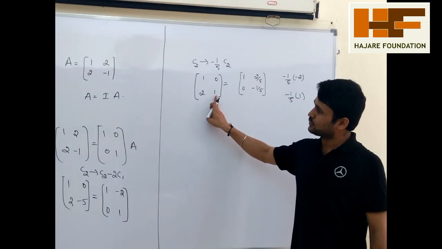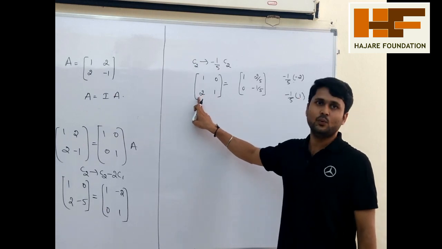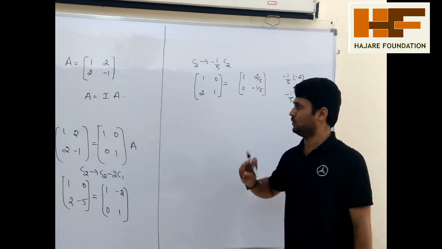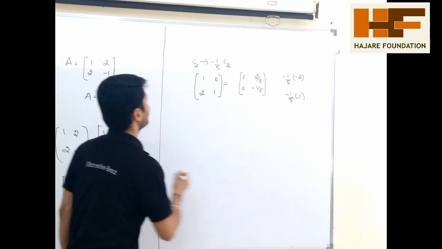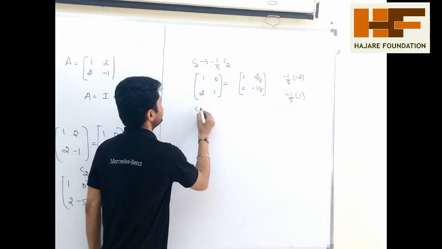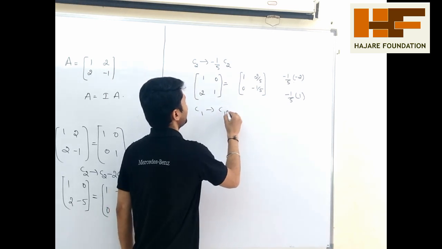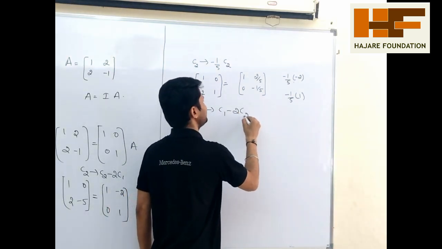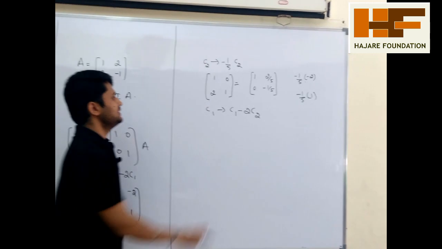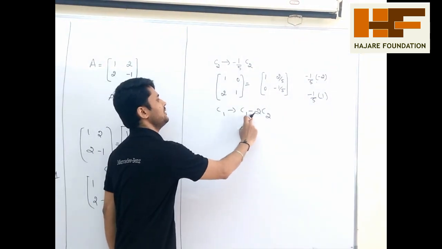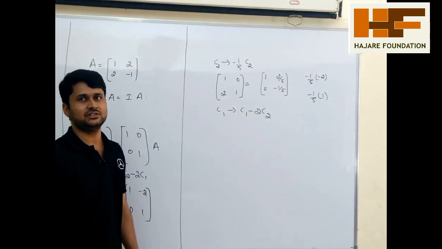Next, we have to make the A21 element a 0. At that time, we follow the operation C1 changes to C1 minus 2 times C2.